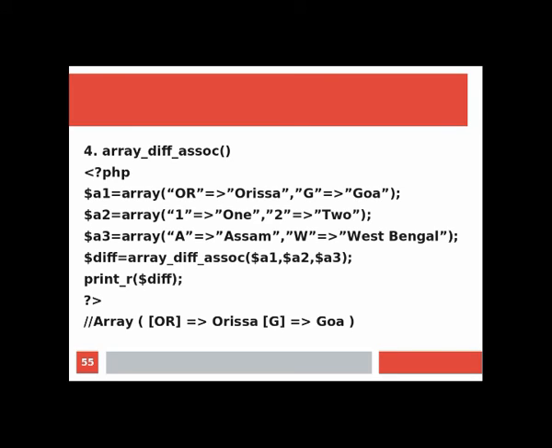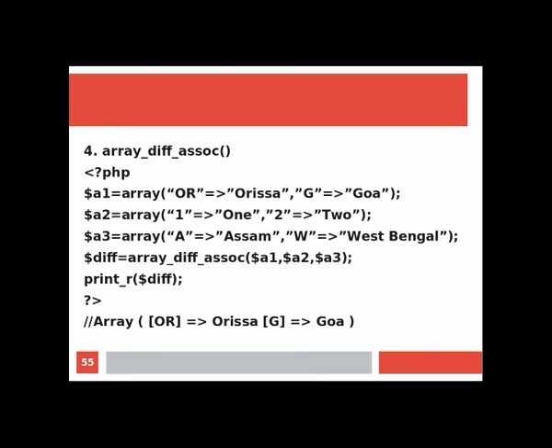Then next is array_diff_assoc. This function operates similarly to array_diff, except that it also considers array keys in the comparison. Therefore, only key value pairs located in input array 1 and not appearing in any of the other input arrays will be returned in the resultant array.